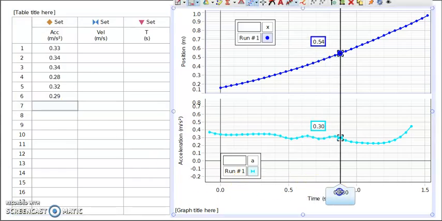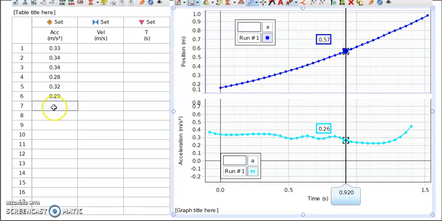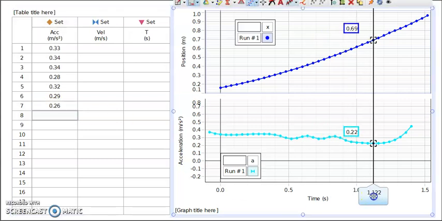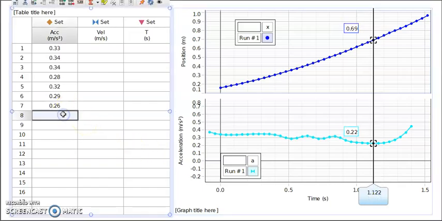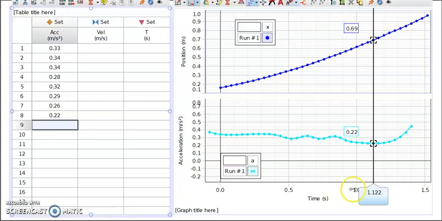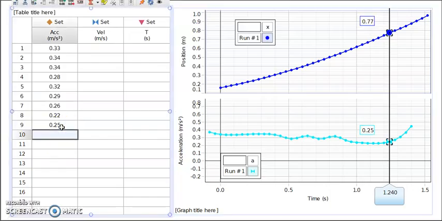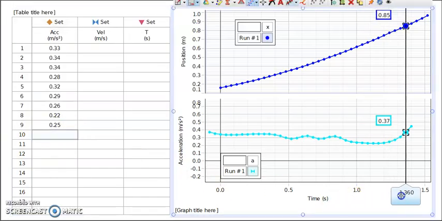Seventh point will be 0.26. Eighth is 0.22. And ninth will be 0.25. And the last data point will be 0.37.